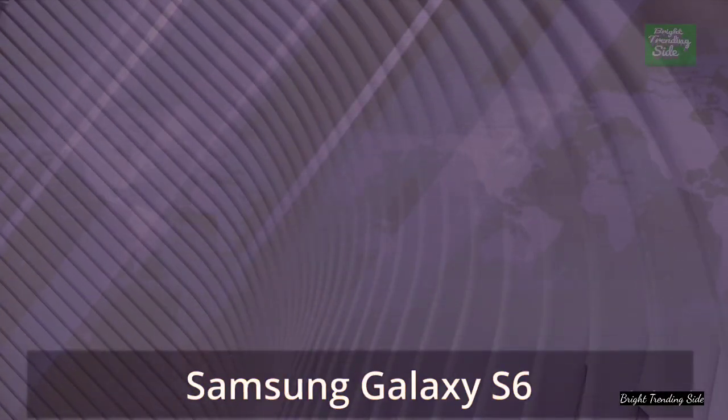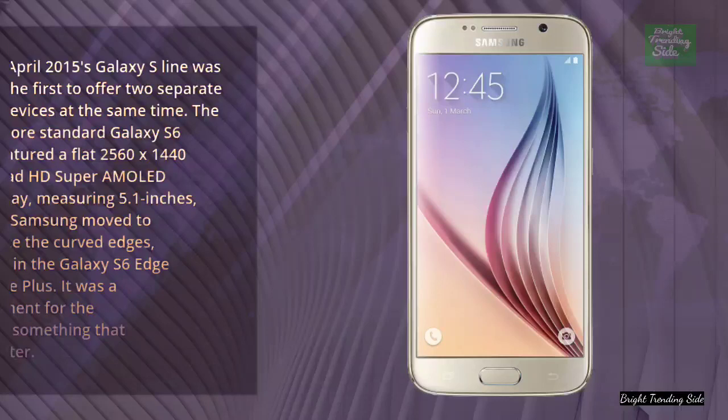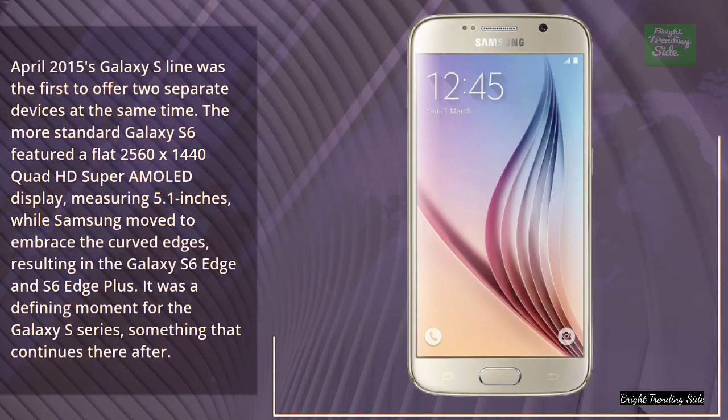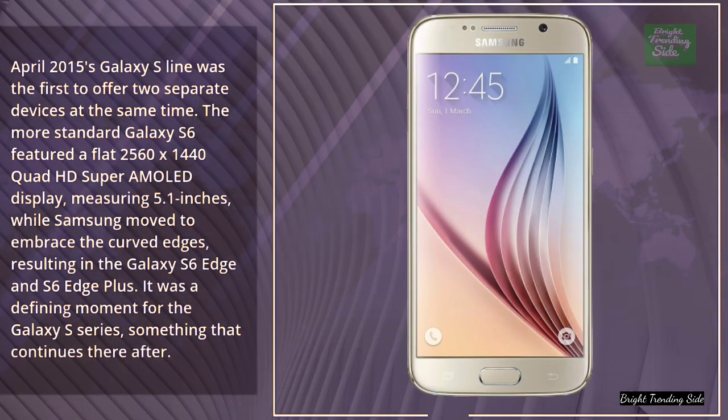Samsung Galaxy S6. April 2015's Galaxy S line was the first to offer two separate devices at the same time. The more standard Galaxy S6 featured a flat 2560 by 1440 Quad HD Super AMOLED display, measuring 5.1 inches, while Samsung moved to embrace the curved edges, resulting in the Galaxy S6 Edge and S6 Edge Plus.